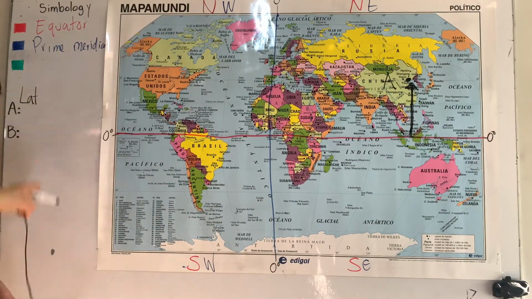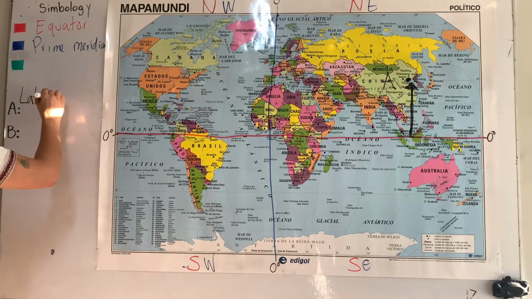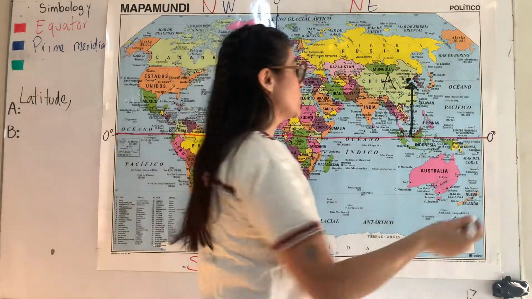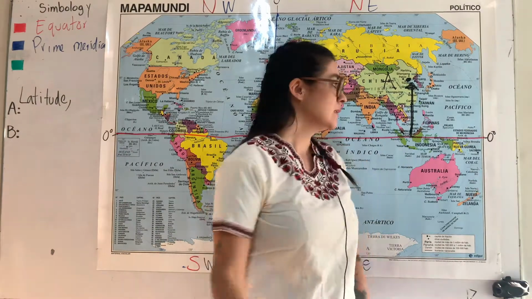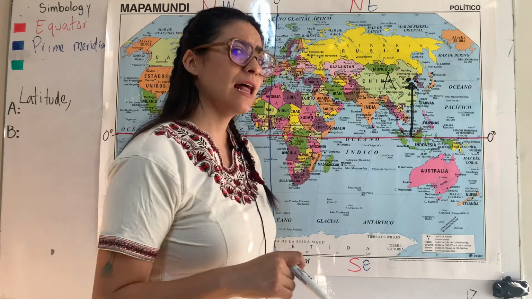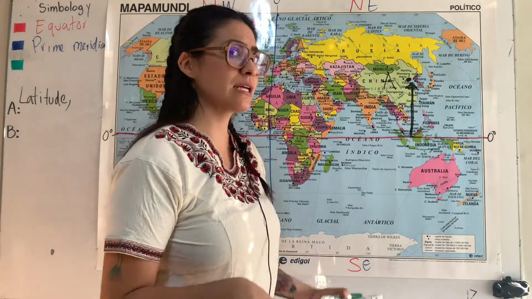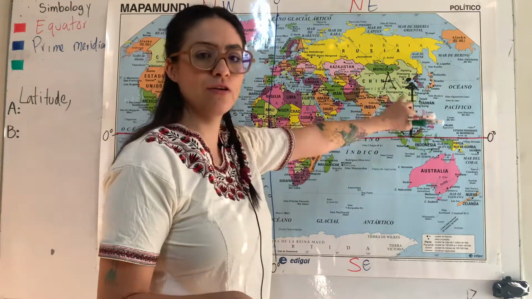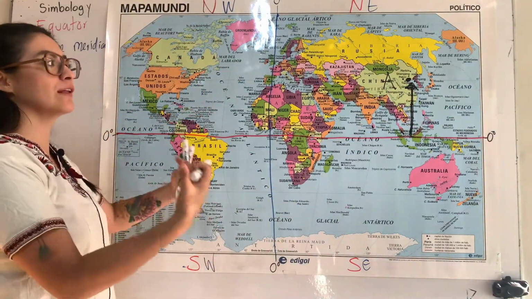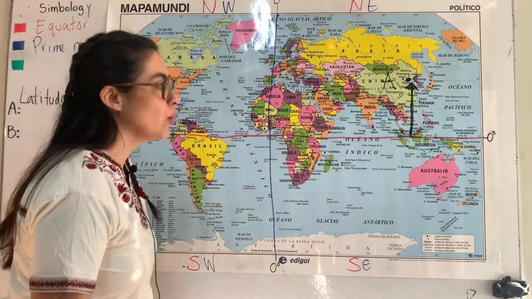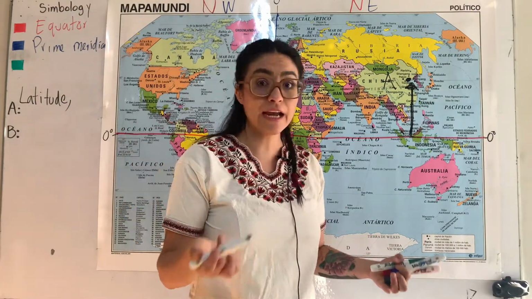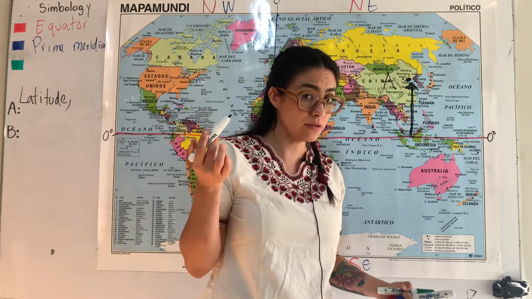Sorry, my microphone. So latitude is the distance between any point on the planet and the equator. In this case, is it a northern latitude or a southern latitude? It's a northern latitude, right? So I have direction, it's northern latitude. But how can we know which latitude it is? Remember that I said that we have 90 degrees going north?